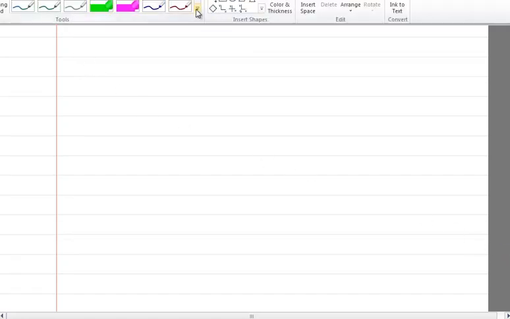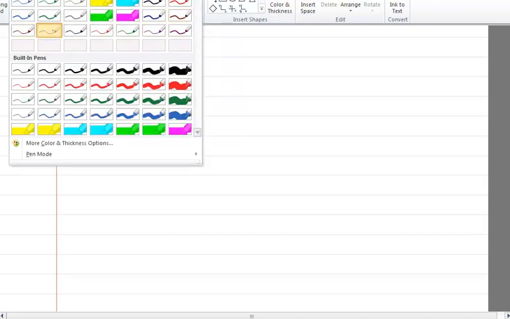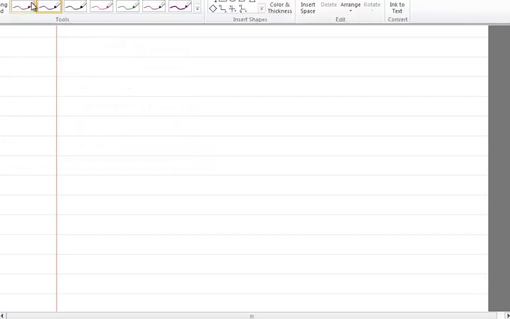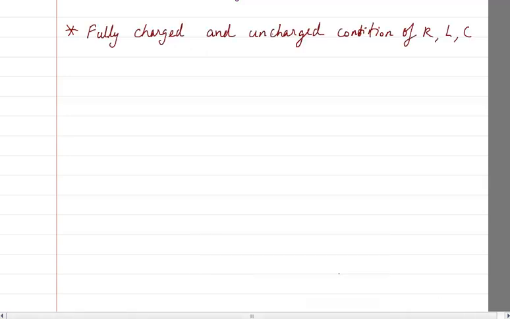Now, there is another important thing we have to remember, and that is the second point: the condition of RLC when it is fully charged and when it is uncharged.